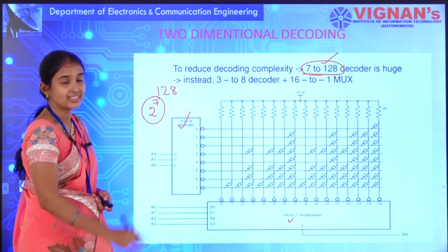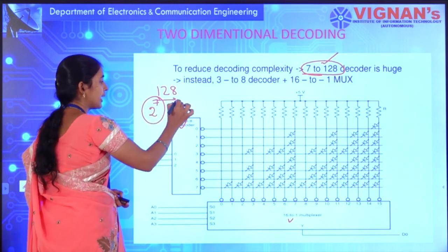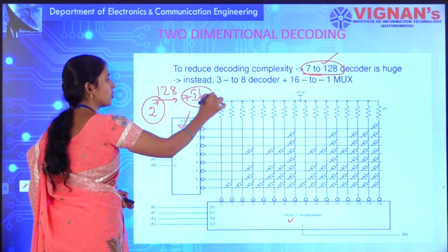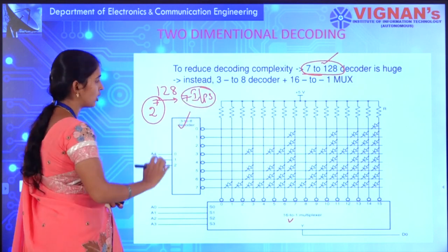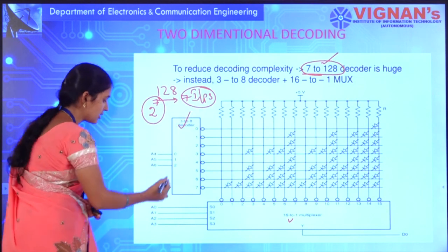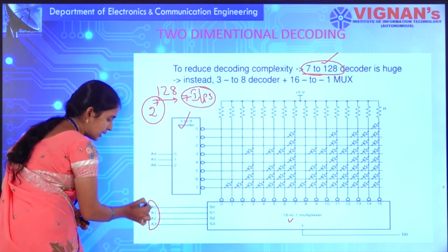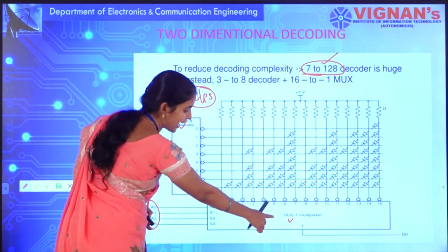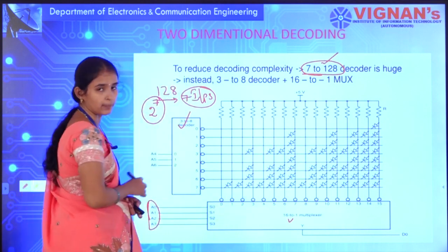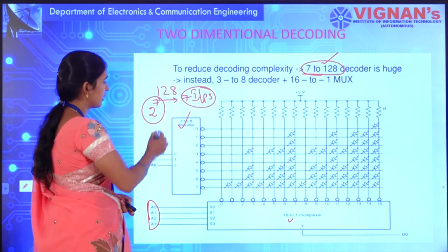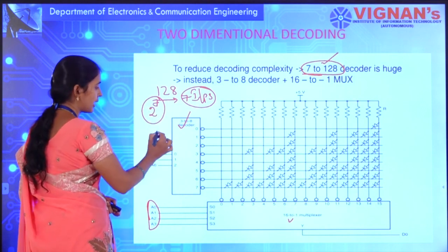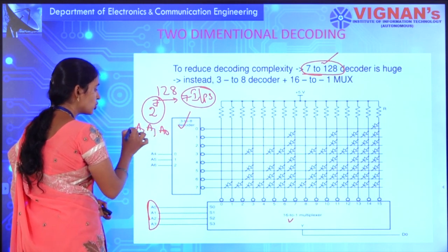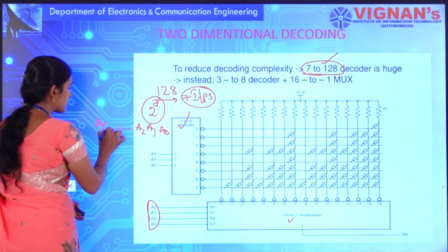2 power 7, that means it takes 7 inputs and 1 output. See, 7 inputs, that is A0, A1, A2, so on till A6.